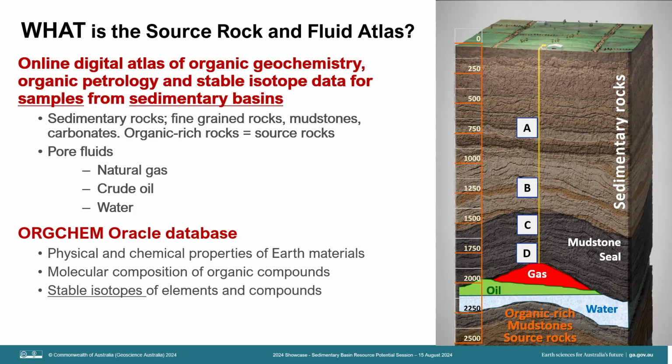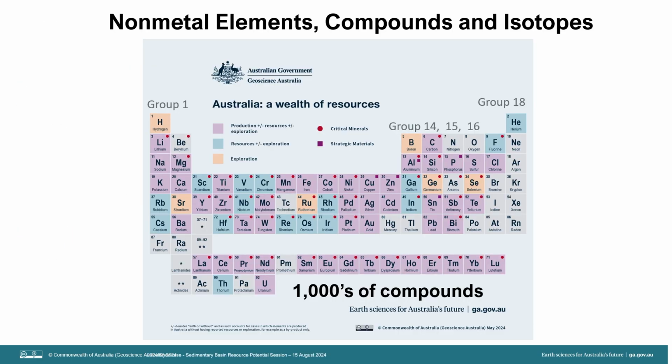The ORChem geochemical database contains the physical and chemical properties of earth materials, molecular composition of organic compounds, and the stable isotopes and elements of inorganic and organic compounds. The ORChem database contains elements, compounds and isotopes of five non-metal elements: hydrogen, carbon, nitrogen, oxygen and sulfur, as well as the noble gases helium, neon, argon, krypton and xenon.